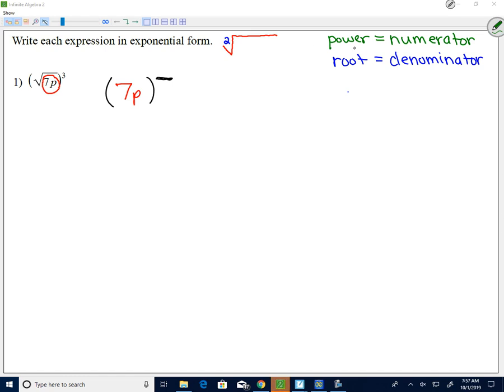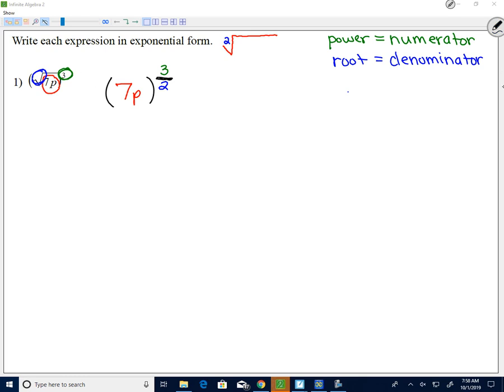Over here we said whatever power we're taking it to becomes the numerator. Well, we're taking it to the third power, so 3 becomes the numerator. We said the root becomes the denominator. Well, here's the root. It's a square root. And remember, we discussed that that's a 2. We're taking a square root, so a 2 goes in the denominator.